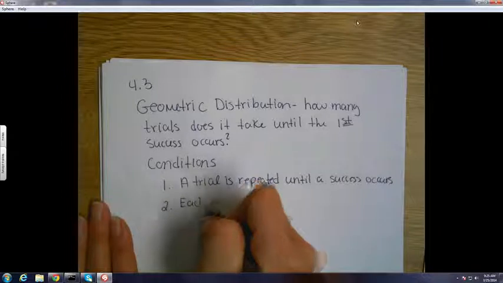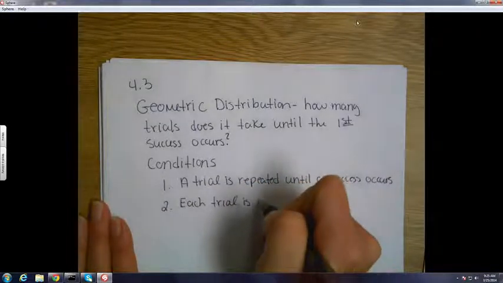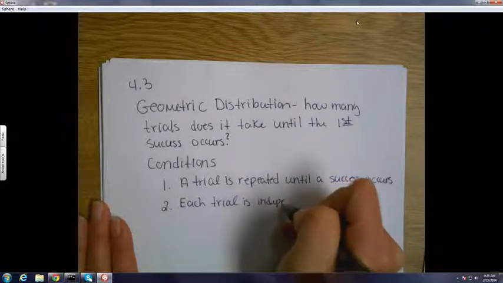Each trial is independent of the next. What does that mean?